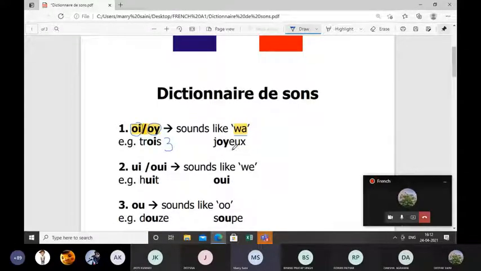After this, the next one. If I cut this EUX, the other word is joie.